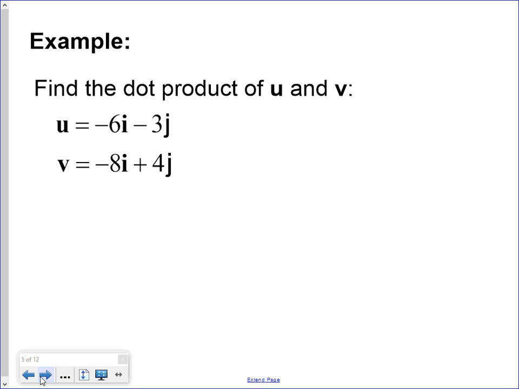Follow the work for the dot product above. U dot v equals your horizontal components, which are just the coefficients of the i, so we would do negative 6 times negative 8, plus the product of your vertical components, which would be negative 3 and positive 4.